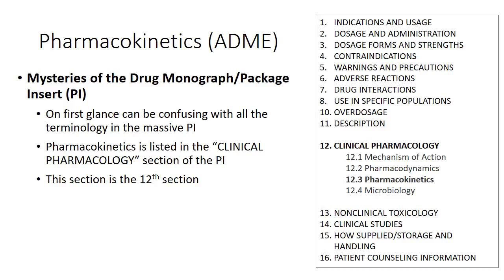Everything you could think of is going to be in that insert pretty much. And again, if you specifically wanted to know anything about the kinetics, you would go to that 12th section. Unfortunately, a lot of times the earlier sections are more about warnings, right?